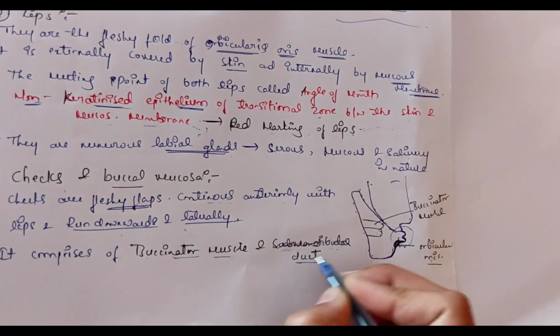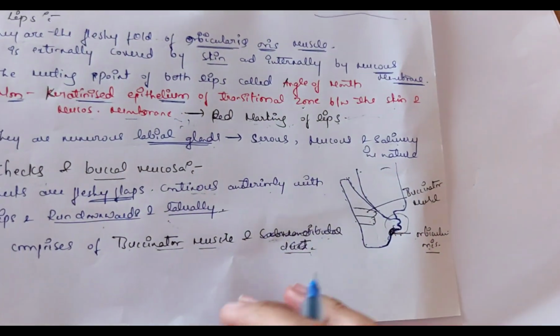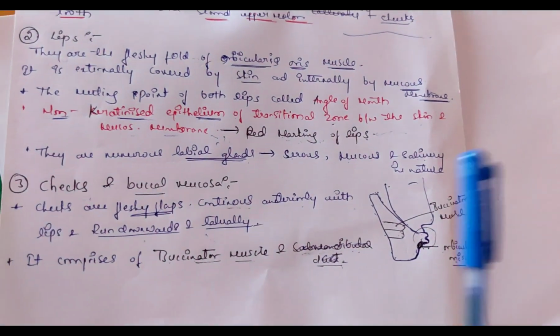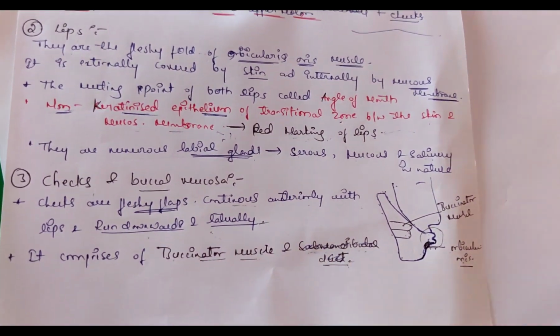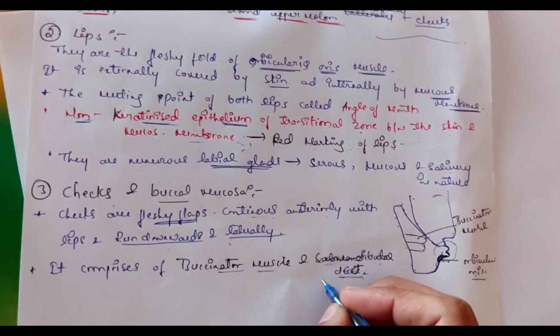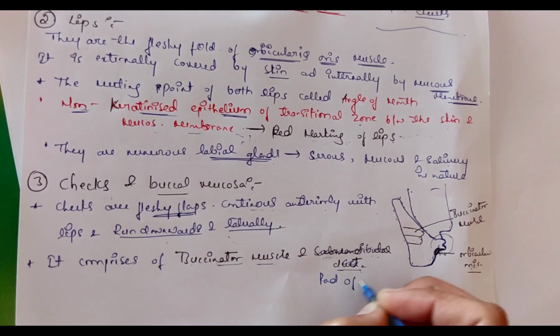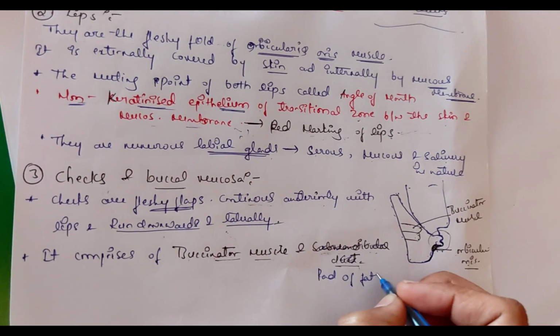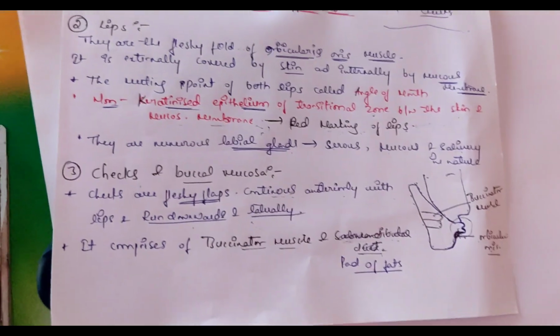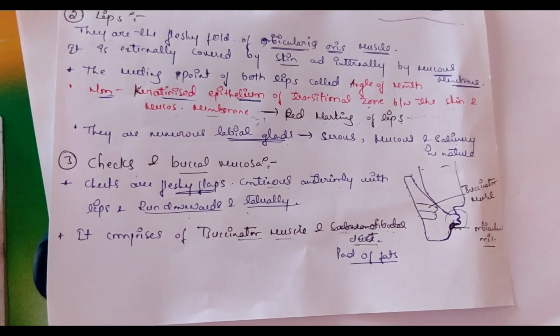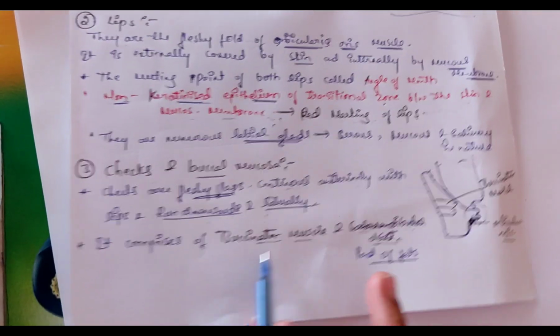It is a pad of fat. I thought that, in the oral tongue, means the floor of mouth, there is the presence of the submandibular duct. I confused. The cheeks are composed of the buccinator muscle and the pad of fat.